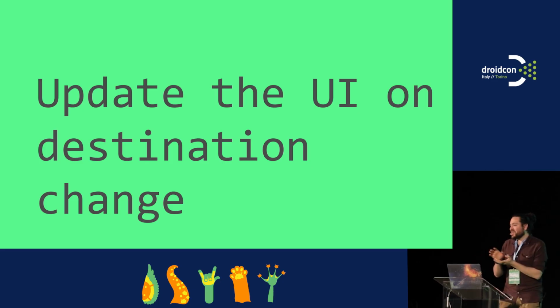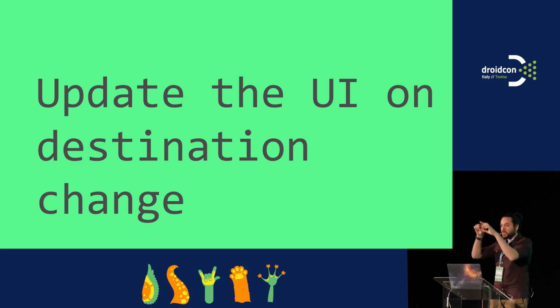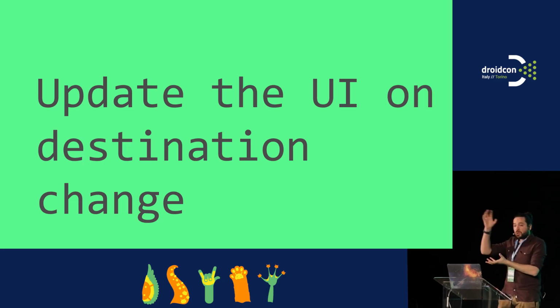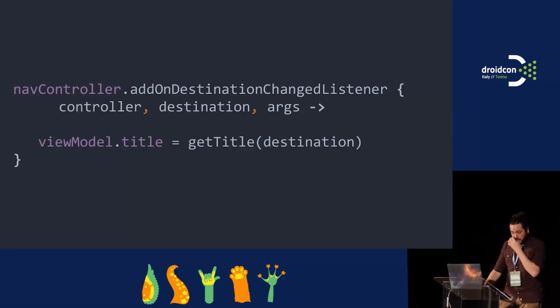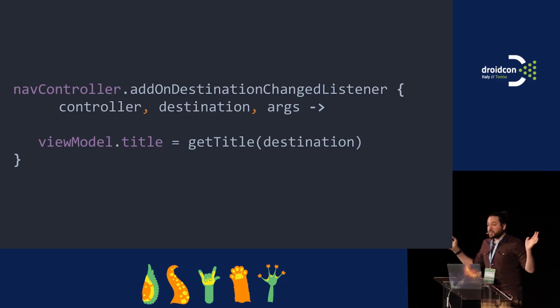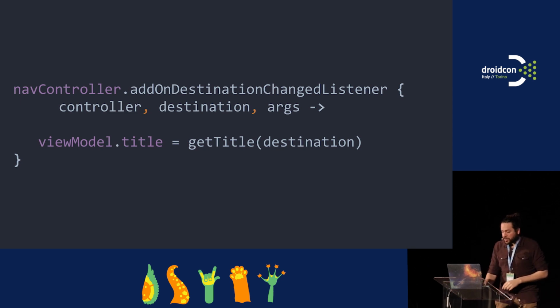When you are navigating, sometimes you have the destination that is displayed and you have decoration on top everywhere. And you want to change this decoration depending on the screen displayed. So there is a simple listener that you can have on your nav controller, like every listener that you have in Android, that's very standard. On nav controller, add on destination change listener. And then, for example, here, when the destination changed, I update my view model.